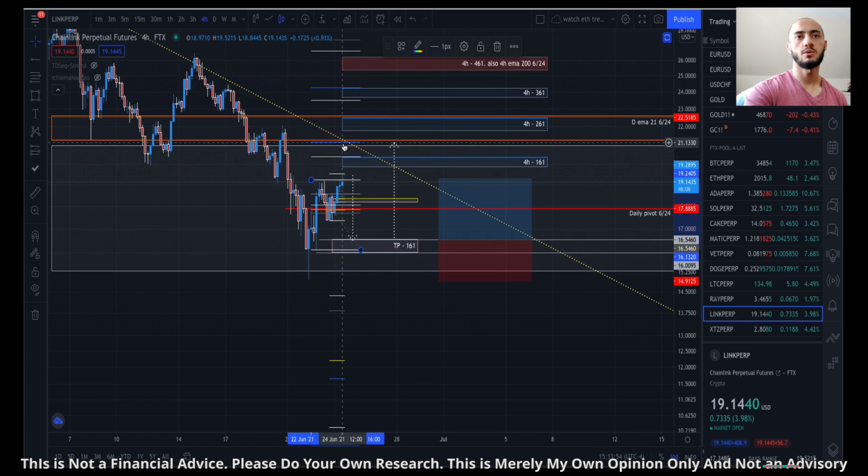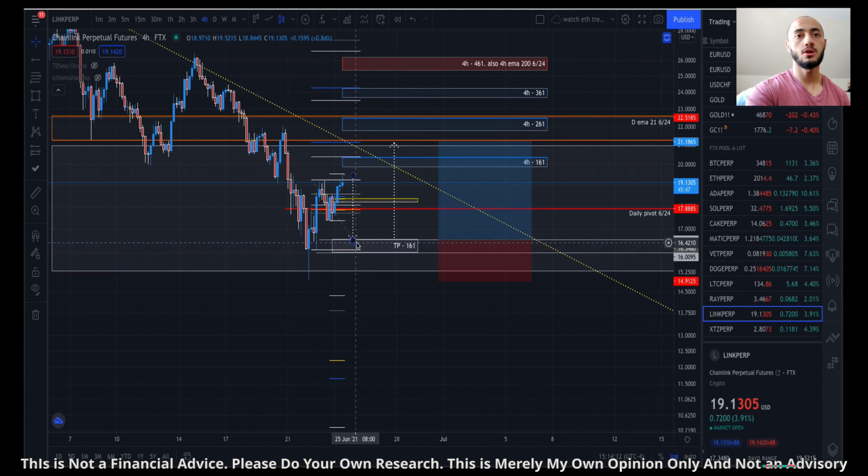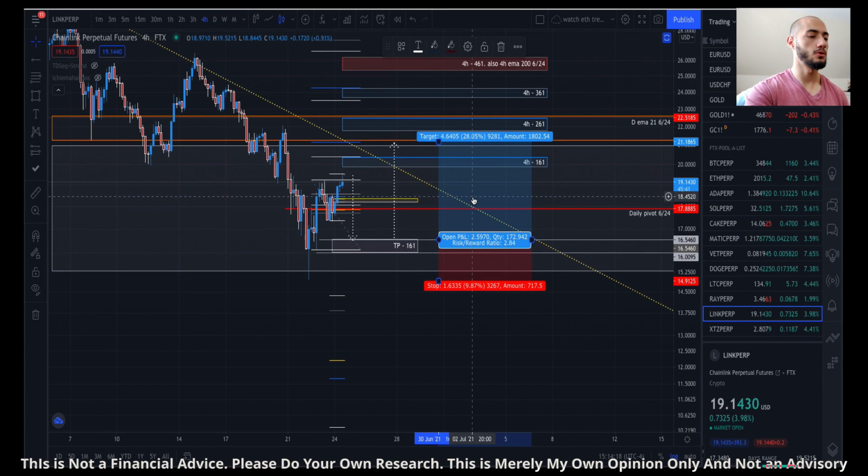Your target can be right here on the trend line. So 2.85 risk reward ratio, which is a good trade, a good move. If you could buy right here and sell at your first target, that would be a good move.